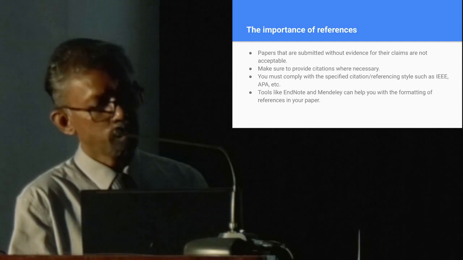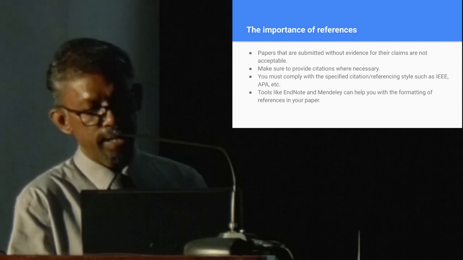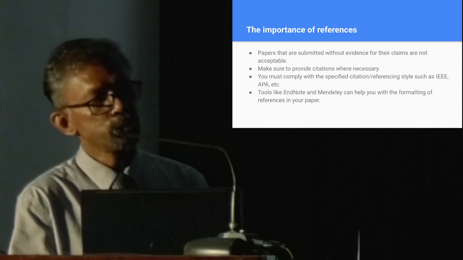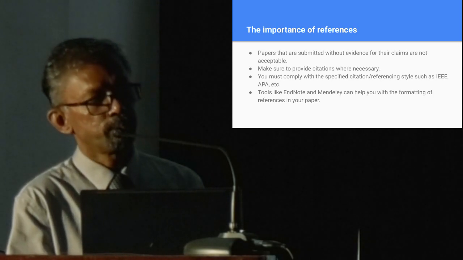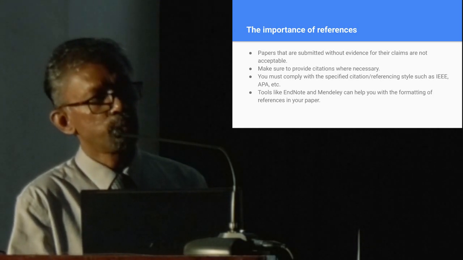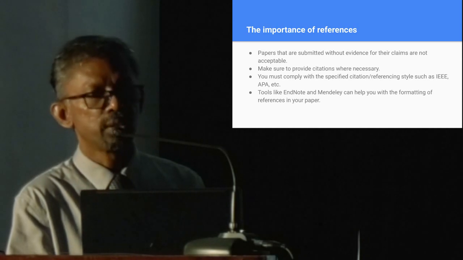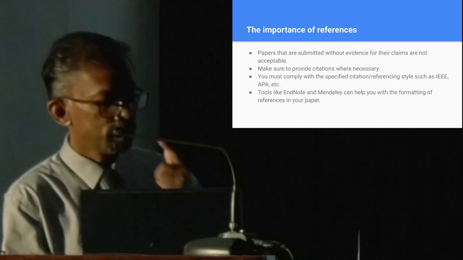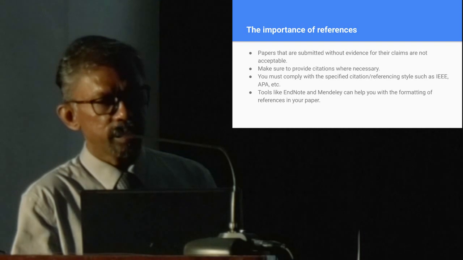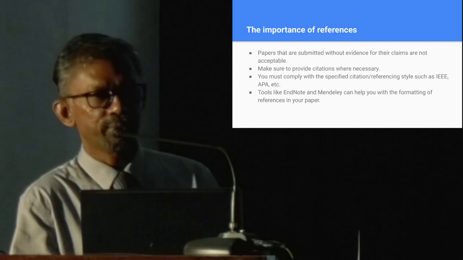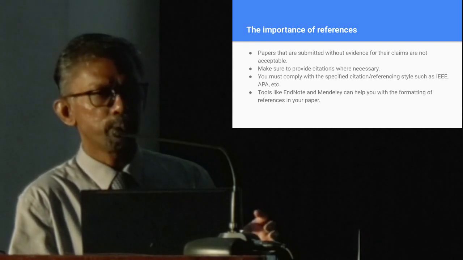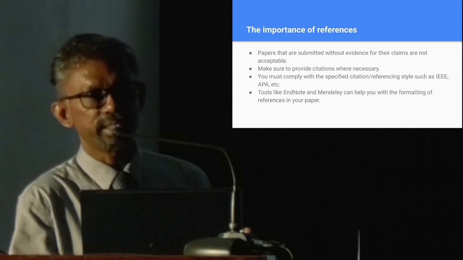So they must be properly cited, and you must use the guideline given for referencing and citation. So these are two things. So citation is how you refer to prior work in the body of text you are writing.